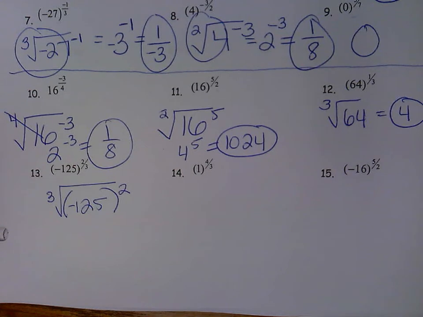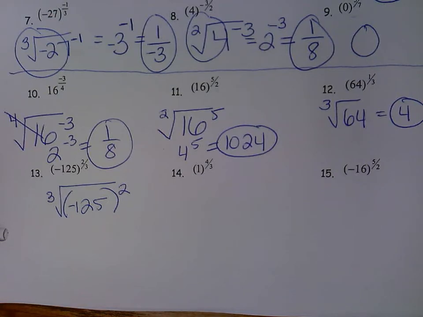We could just do the cube root of 125 squared and just make the answer negative at the end. So think of it as this would be like -1 times 125 to the 2/3. The negative is almost unattached, but here because the parentheses are there, the whole thing goes under the radical.